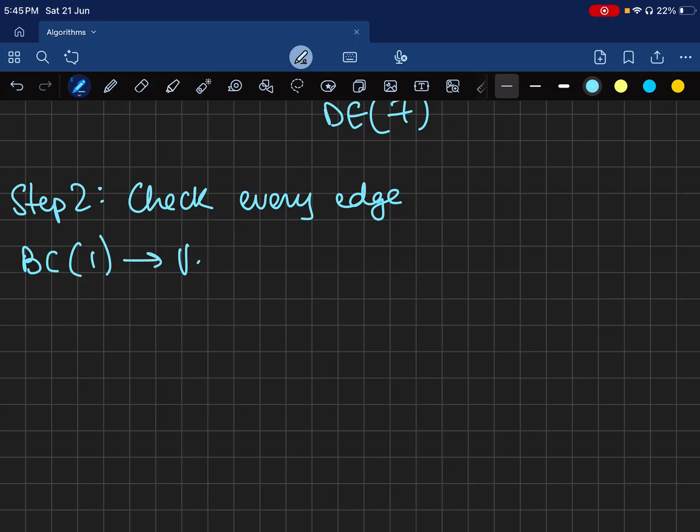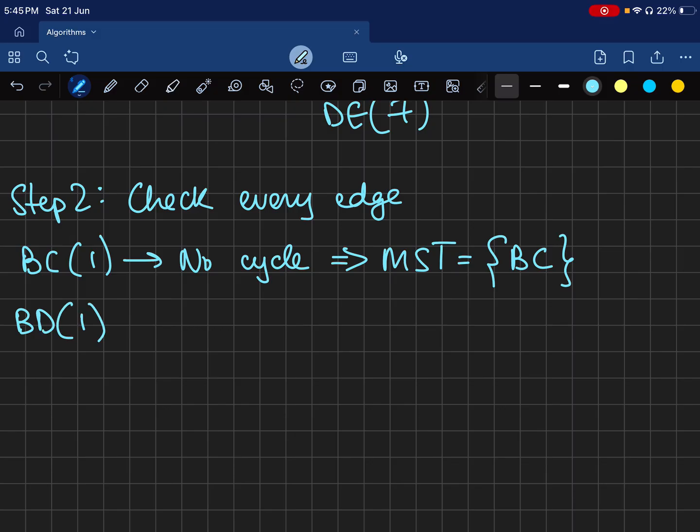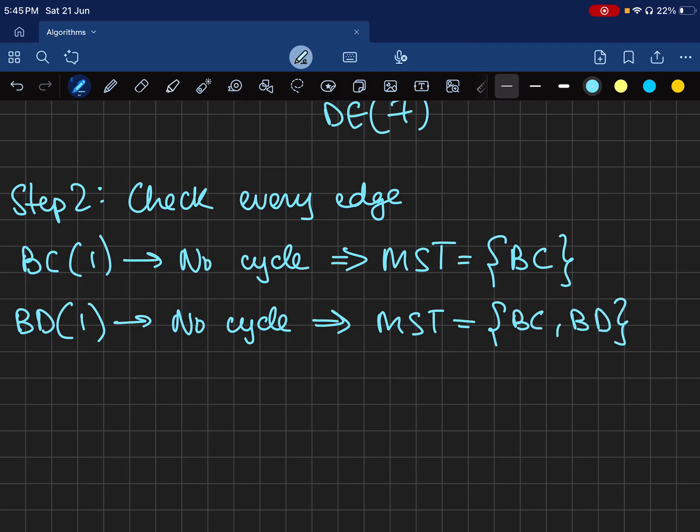There's no cycle, so we'll add it. So the MST will become BC. Then we'll take the next edge, which is BD. This also doesn't form any cycle. So the MST will become BC, BD.